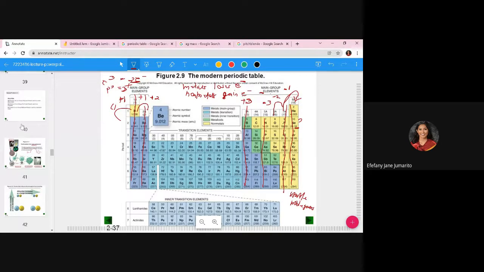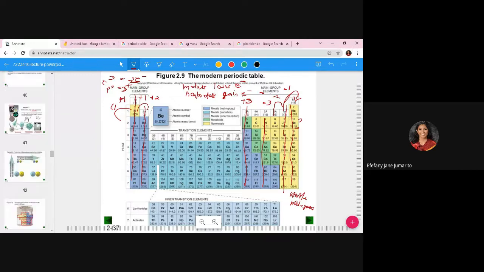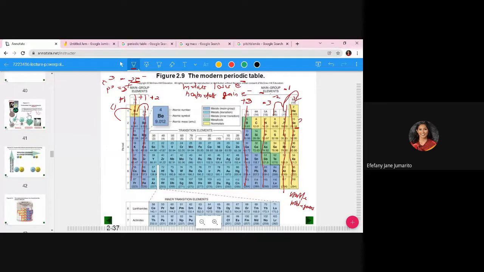Phosphorus. Phosphorus atomic number. -3.